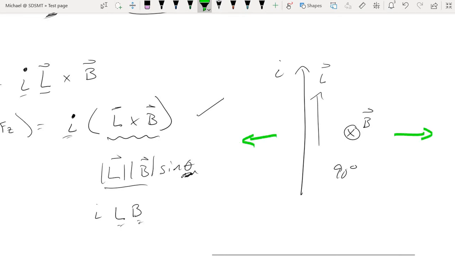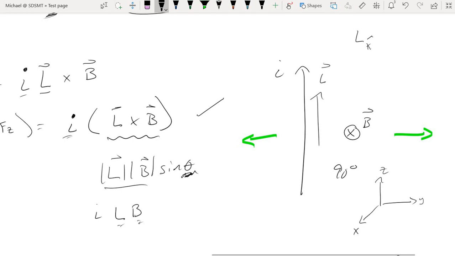But now we can actually figure this out. Let's put in our right hand reference frame. So we have X coming out of the board, we have Y going left and right, we have Z going up and down. L is in the Z direction, so that's k hat.